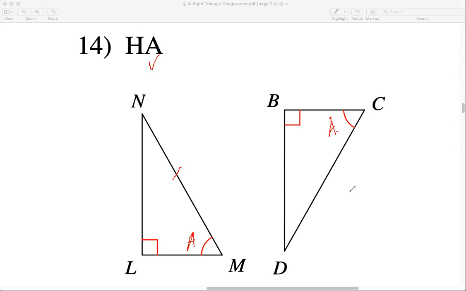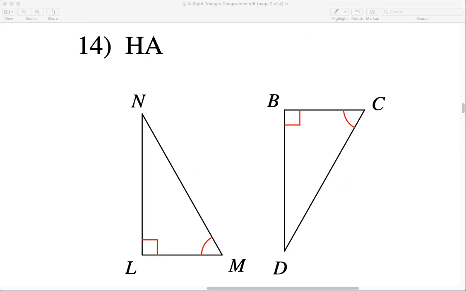Since this is a hypotenuse and this is a hypotenuse, they must be congruent to one another for us to consider these two triangles congruent by HA, or hypotenuse-angle theorem. So that's MN is congruent to CD. Then the triangles are congruent.